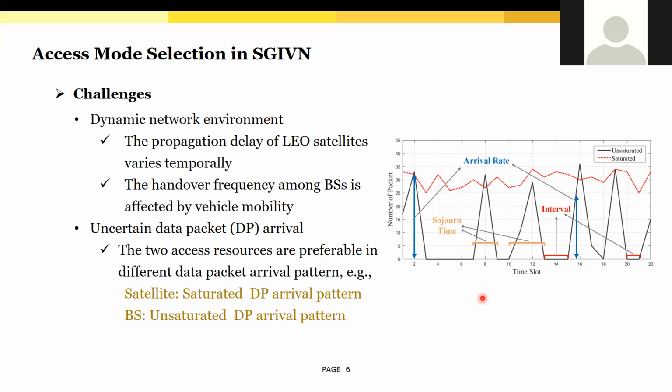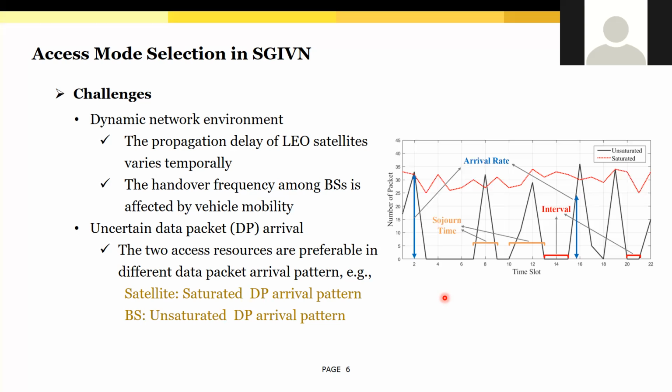Second, the data packet arrival of IoV service requests is dynamic and has different patterns, for example, saturated and unsaturated. We show an example in this figure, which includes both saturated and unsaturated data packet arrival. We define three factors of the unsaturated pattern.